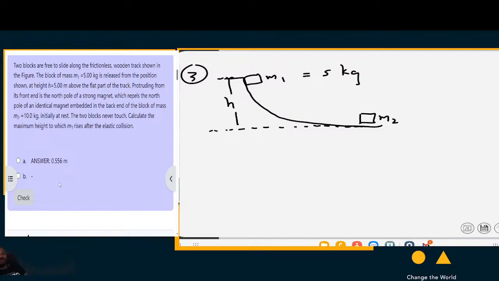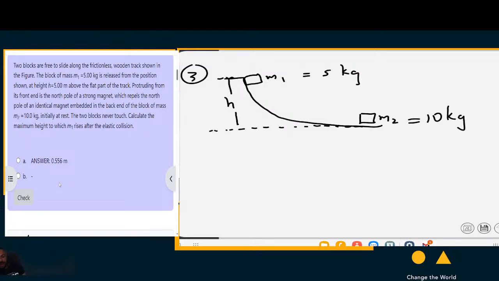Here, protruding from the front end is the north pole of a strong magnet, which repels the north pole of an identical magnet embedded in the back end of the block of mass M2. So M2 is 10 kgs, initially at rest. The two blocks never touch. Calculate the maximum height to which M1 rises after this elastic collision.